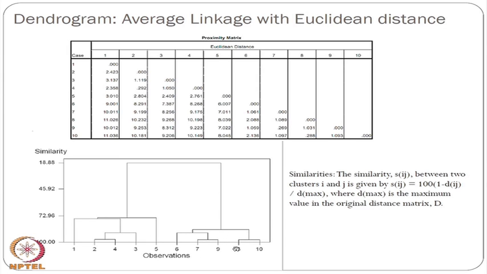But whatever linkage or method you use, ultimately the number of clusters and similarity measures are two important criteria. You cannot go for one cluster if the similarity measure is drastically reduced. You have to put a cutoff, how much similarity, that means homogeneity, you are going to accept.